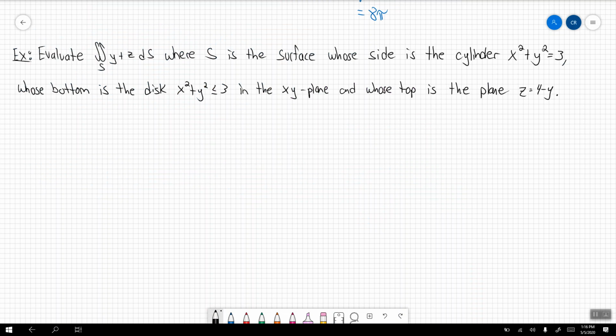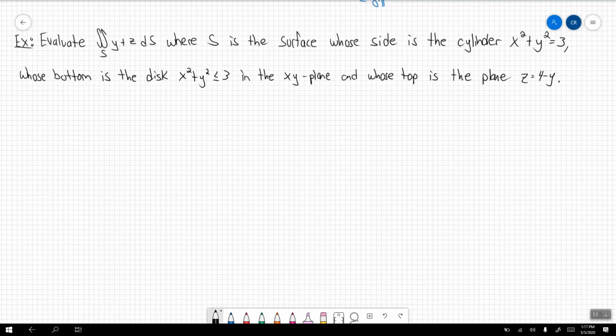We're going to evaluate this surface integral where S is the surface whose side is a cylinder, x squared plus y squared is equal to 3, whose bottom is a disk, x squared plus y squared is less than or equal to 3 in the xy plane, and whose top is the plane z is equal to 4 minus y.